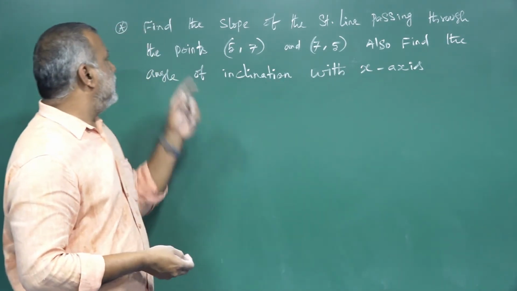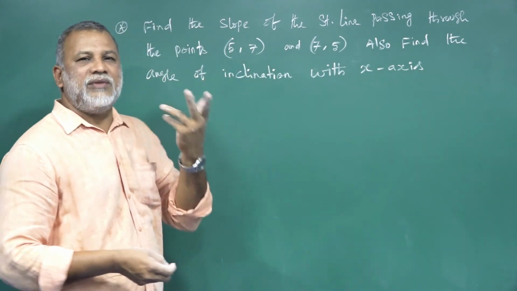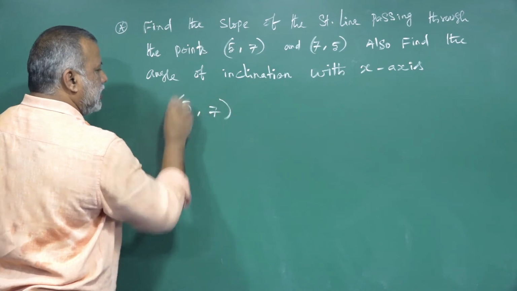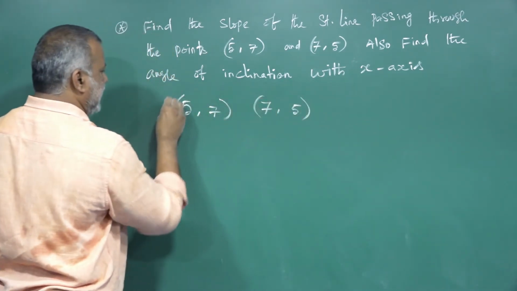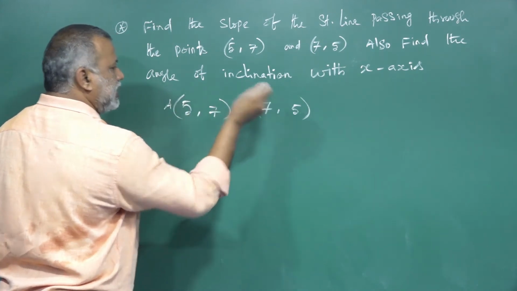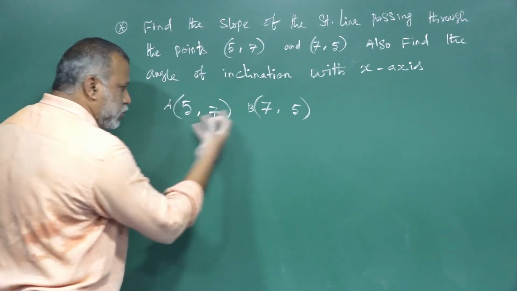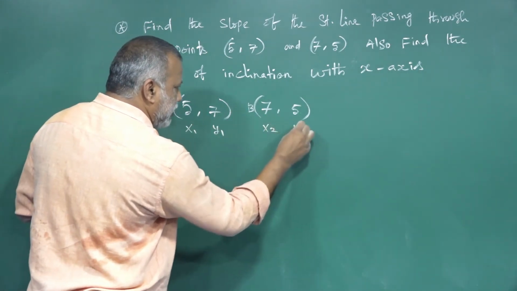Just listen here. Find the slope of the straight line passing through the points. We have 2 points. See the first point, 5, 7. Another one, 7, 5. Consider A, B, A as the first one, B as the second one. With the help of the given 2 points, I select this as x1, y1 and this as x2, y2.